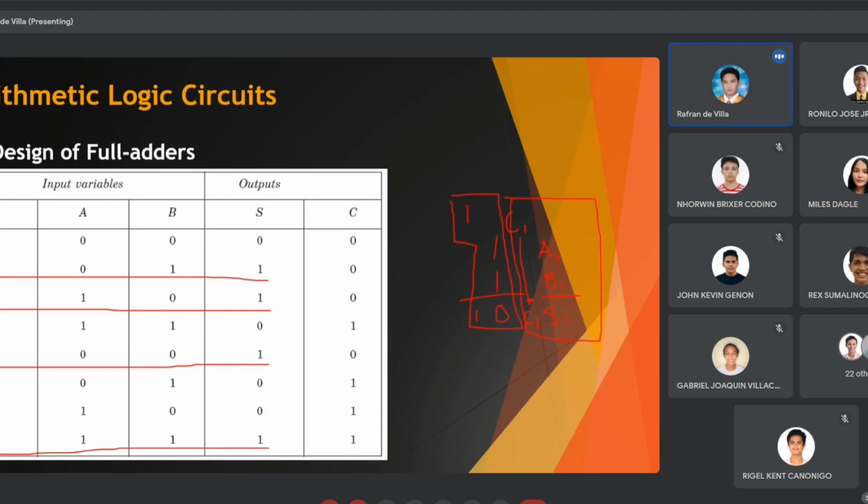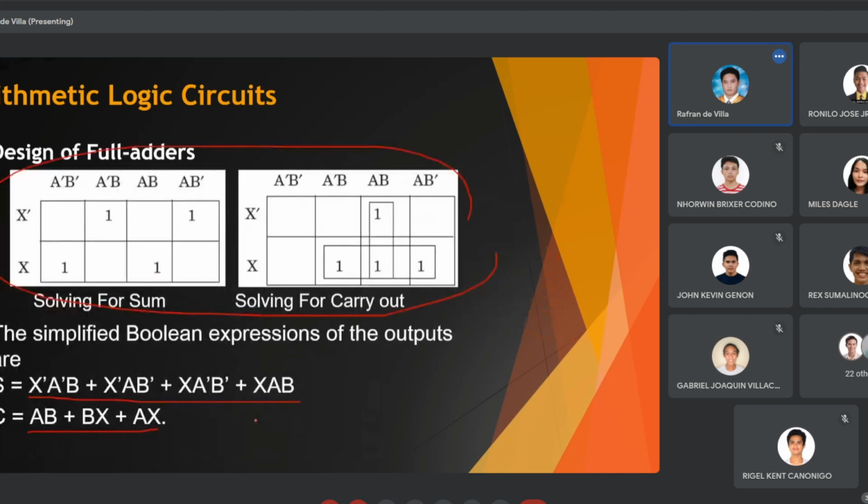However, we did not consider multiple-input XOR. The trick for multiple-input XOR is that when there is an odd number of ones in the input, the output is 1, and when there is an even number of ones, the output is 0.